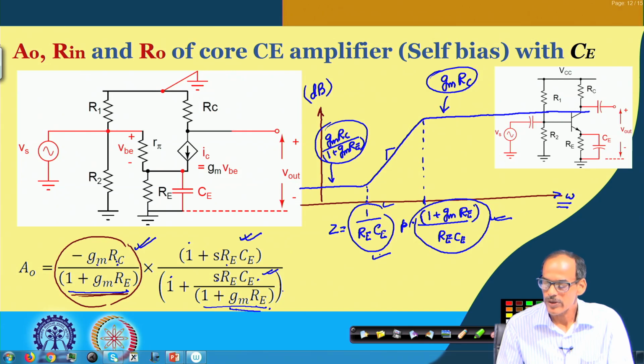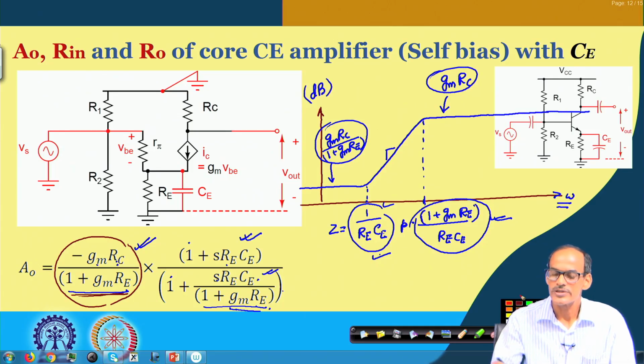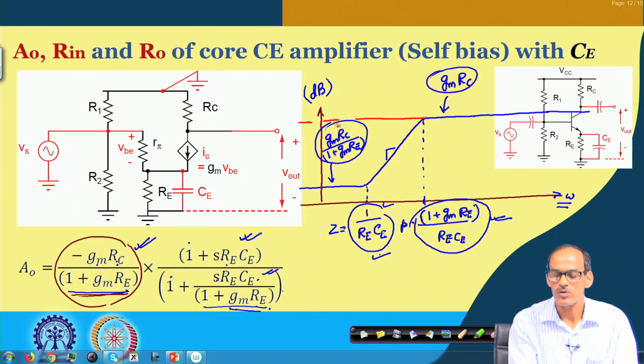Earlier, if we recall, for fixed bias the gain was g_m into R_c. So there the gain was continuing like this. So this is the gain for the CE amplifier with fixed bias.